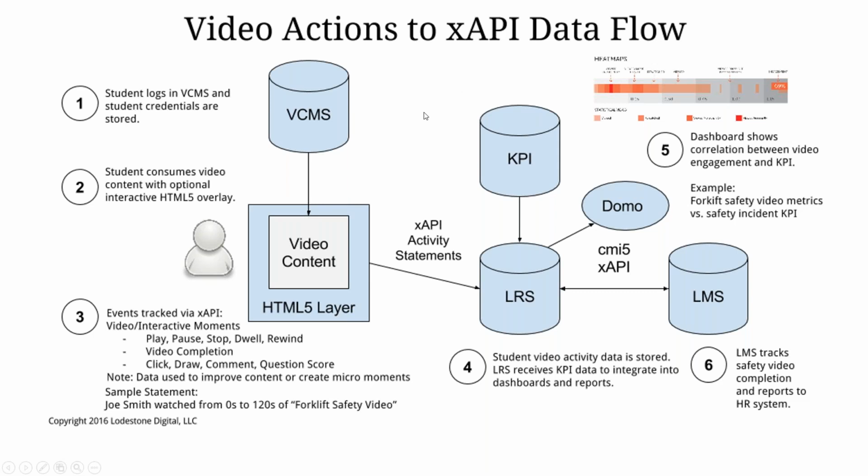This is an example of what happens when a user engages a video, and we want to track the correlation between the way they engage with the video and a problem that's occurring within our organization. So let's say we're having a safety issue with forklifts.